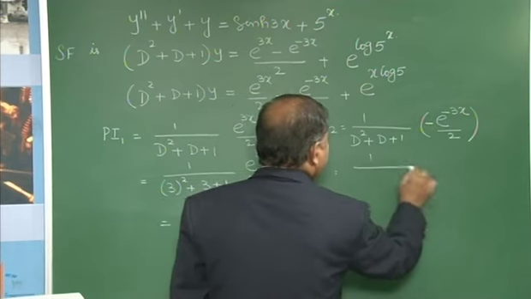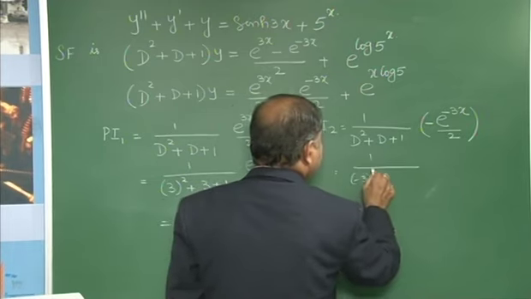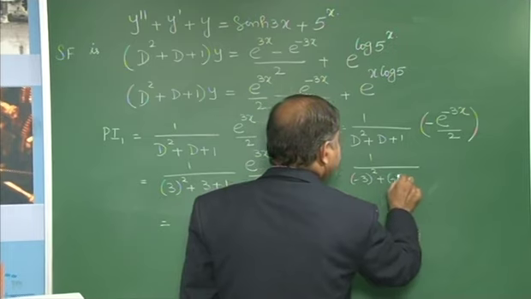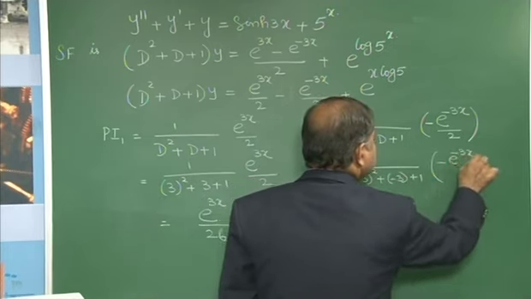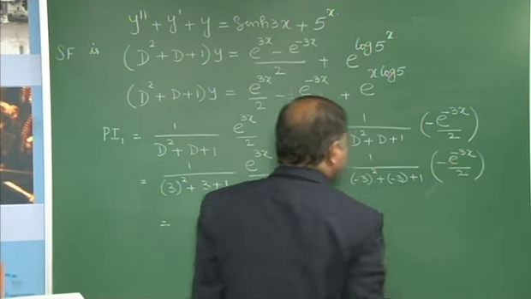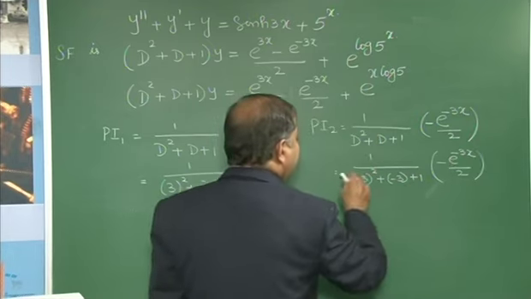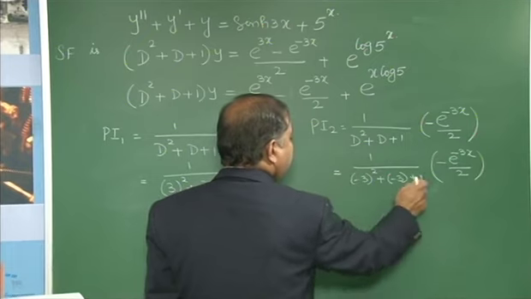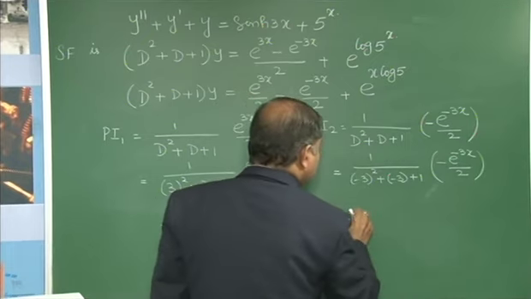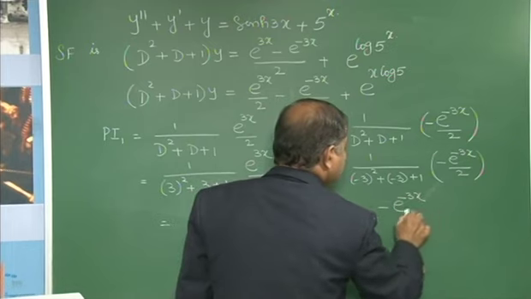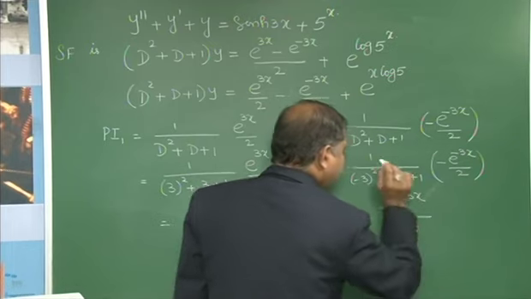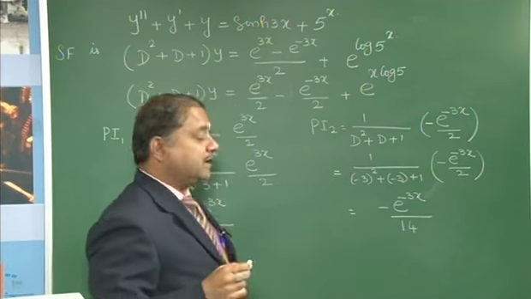So, 1/((−3)² + (−3) + 1) times (−e^(−3x)/2). So, 9 + 1 − 3 = 7, 7 twos are 14. So, −e^(−3x)/14 is my second particular integral.